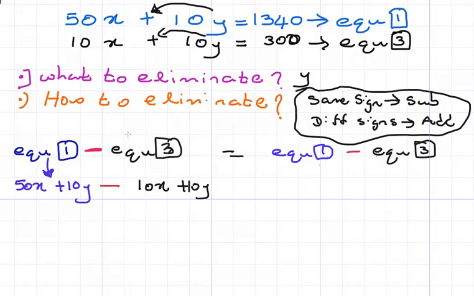So how do you make sure that happens? You have to write equation 3, the black equation, within brackets. Equals, what's equation 1's right-hand side? 1340. Subtract. What's the black equation's right-hand side? That's 300.